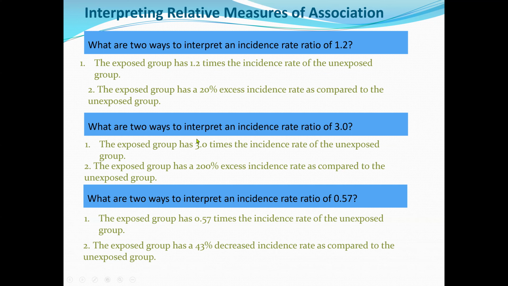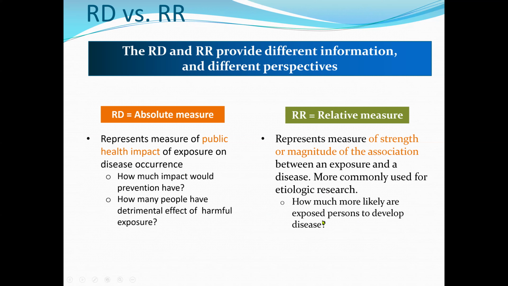This is more commonly used for etiologic research. Etiologic research is trying to find the causes, or the strength of the causes, of a disease. So how much more likely are exposed persons to develop the disease? So we can see the difference.